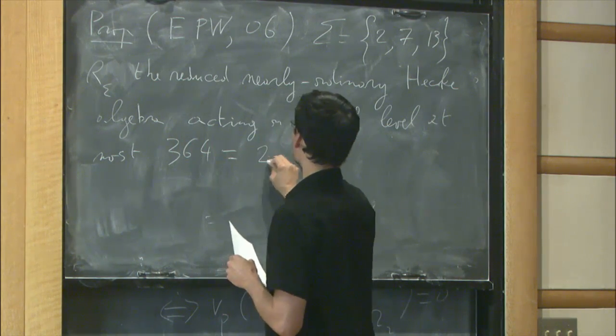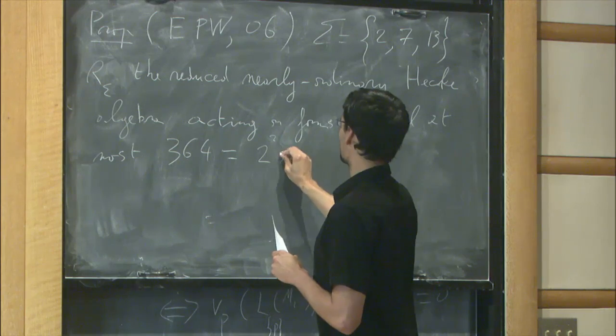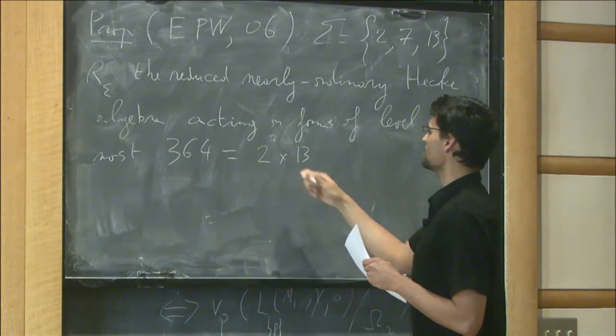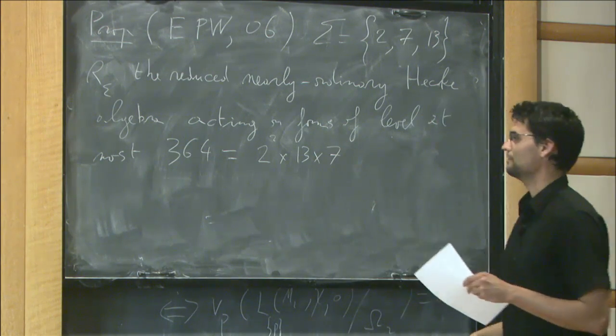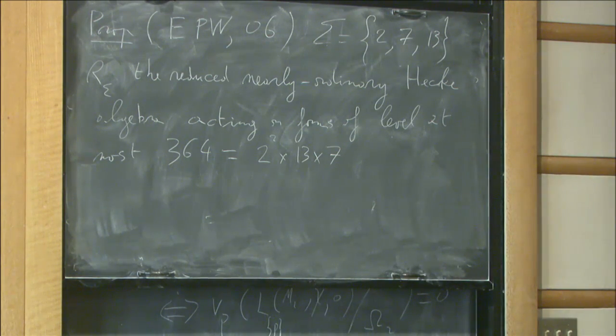And let me remind you that this is 2 square times 13, which are the 52 weeks of the year. And these are the 364 days of the year.